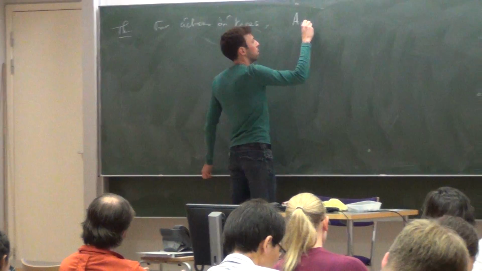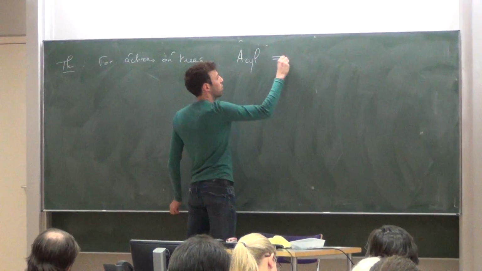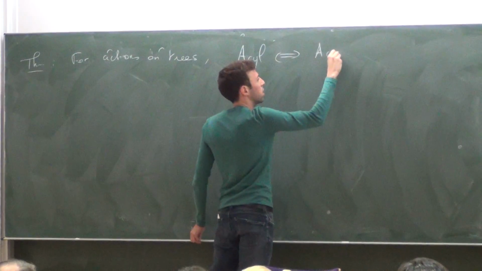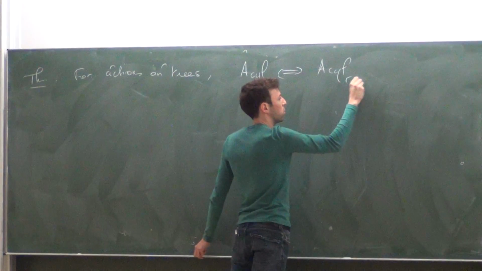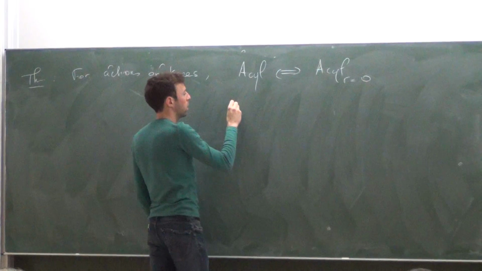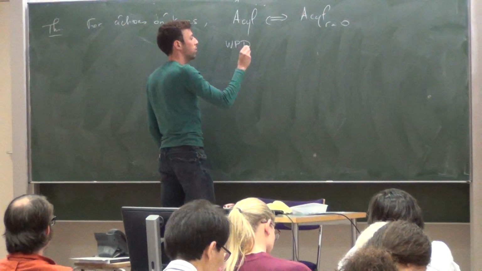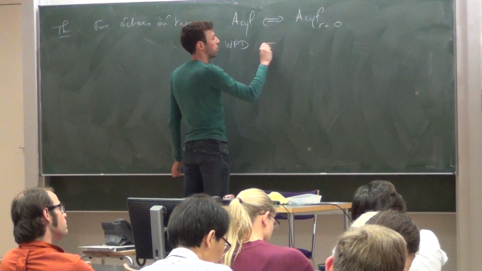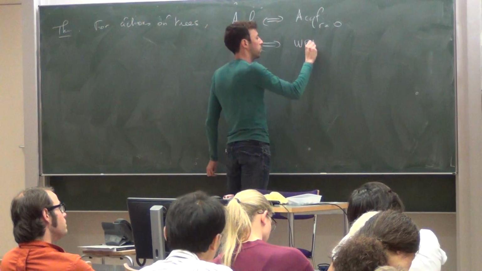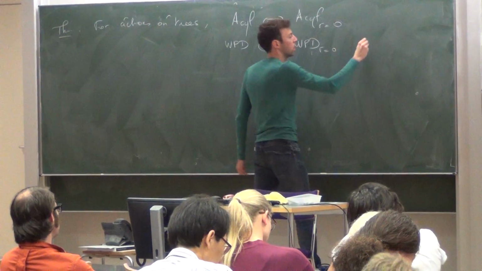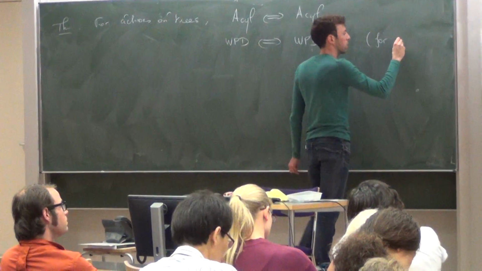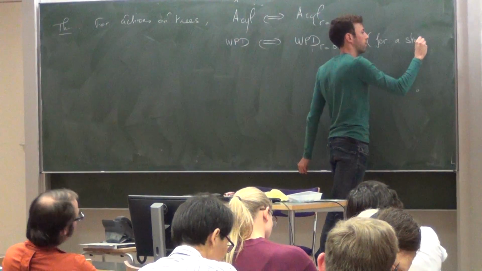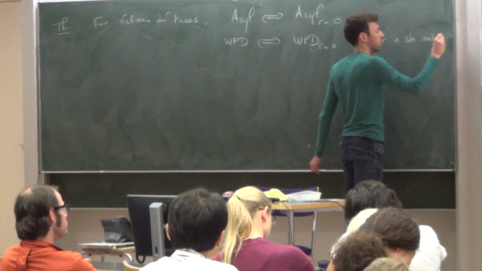So the acylindricity is equivalent to just checking the condition at r equals 0, and analogously the WPD condition is equivalent to the WPD condition at r equals 0 for a strongly contracting element g.